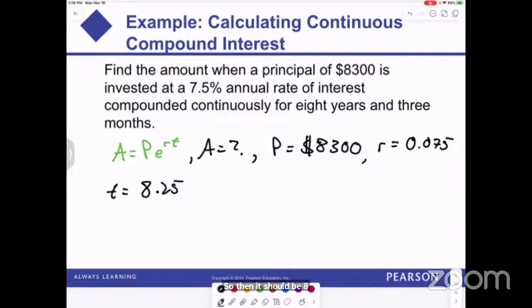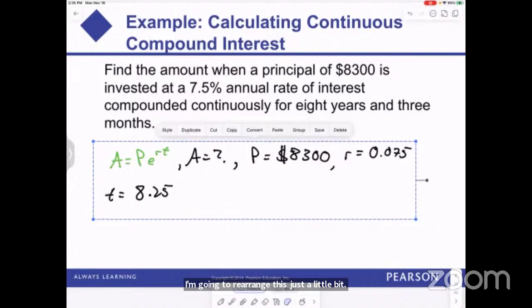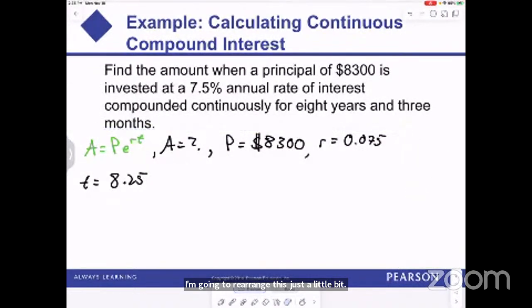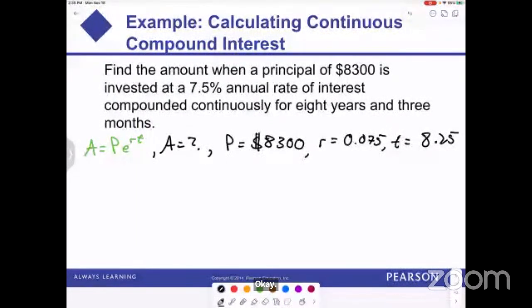I'm going to rearrange this just a little bit. So then our future amount after 8.25 years is 8,300 times e to the power of 0.075 times 8.25.